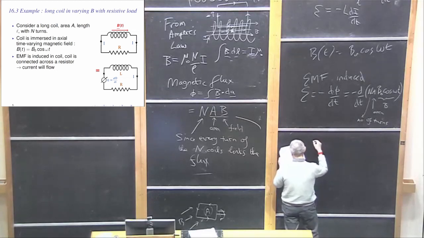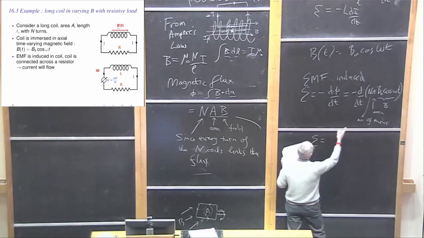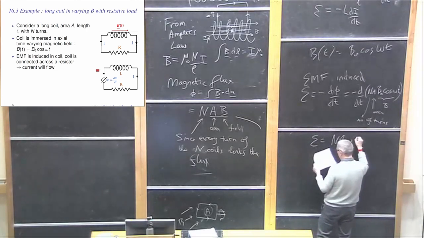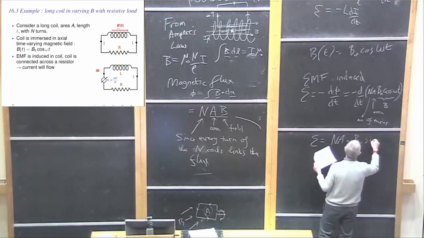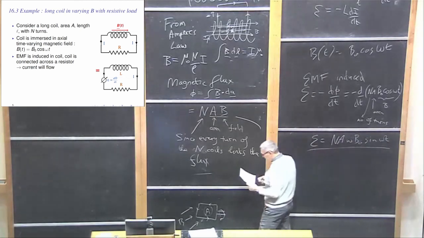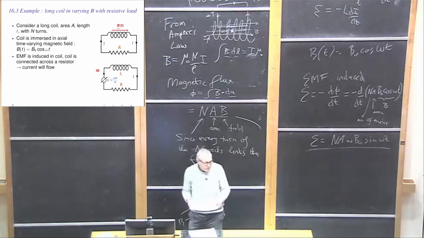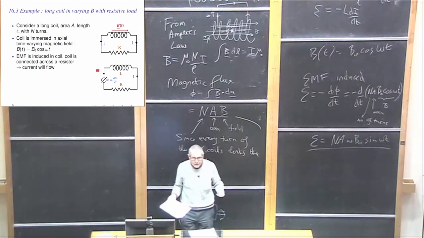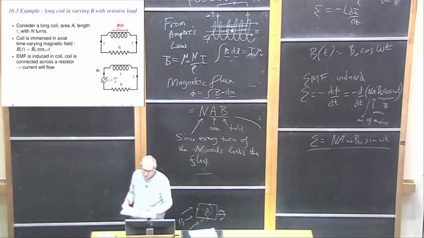So the EMF, just so I differentiate it, is N A omega B naught sine omega t. Right. So that is the EMF in this example.